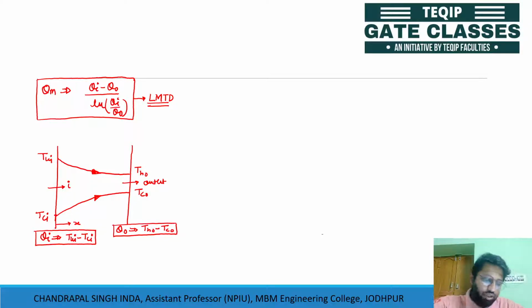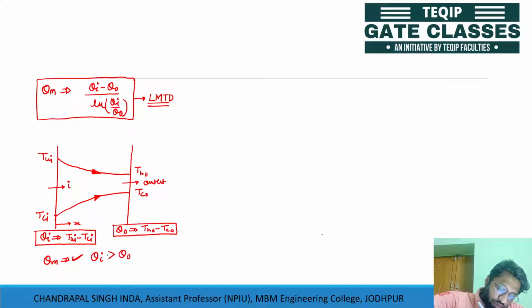By putting these values in the formula of LMTD, we can find the value of theta mean for the parallel flow heat exchanger. We also discussed that in any condition the value of theta inlet will always be greater than theta outlet in the case of the parallel flow heat exchanger.